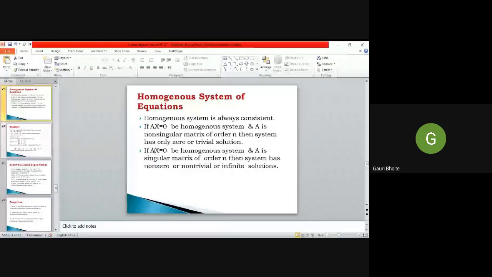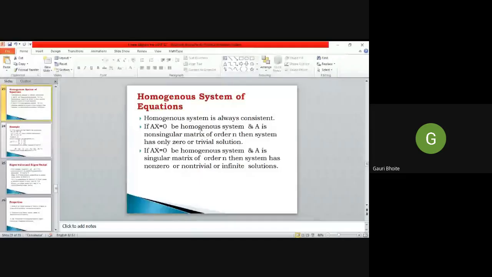So just keep in mind, for AX = 0, if the rank of A is equal to the number of unknowns, the system has a trivial, unique or 0 solution. If the rank of A is less than the number of unknowns, it has a non-zero, non-trivial, infinite solution. If A is singular, it has infinite solutions; if A is non-singular, it has a unique solution. So based on these properties, we solve one example.